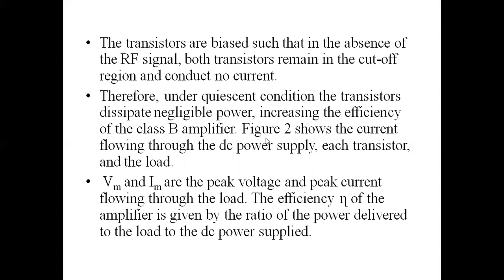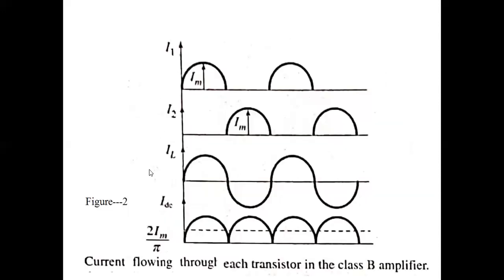Some of the waveforms are shown in figure 2, which shows the current flowing through the DC power supply, each transistor and the load. This is current I1, I2, load current, and DC current.